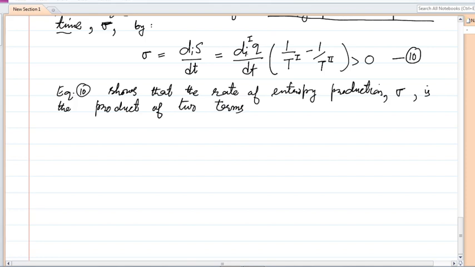Here you will see the first is this part and second is this one.